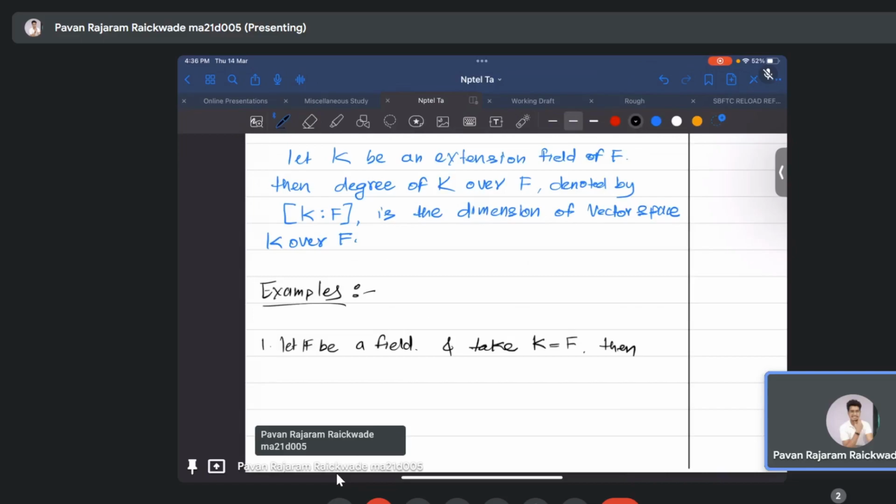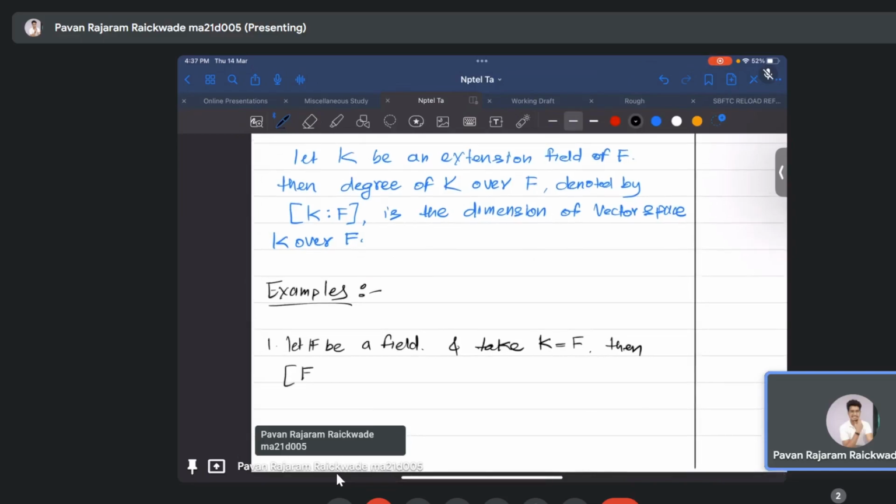The dimension of a field over itself is 1, right? I mean, the identity element 1 will be a basis. Then the dimension of f over f is 1, which implies f is a finite extension of f. This is a very trivial thing, but just an example.